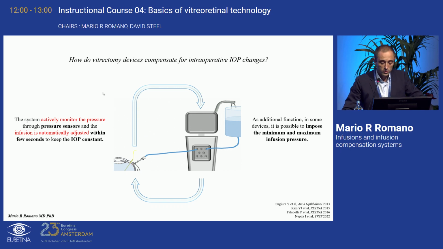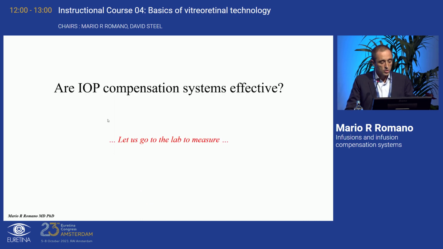It is also important to impose a minimum and maximum infusion pressure, because in order to compensate, if the pressure goes too high, we can have damage to the optic nerve because of the reduction of ocular perfusion pressure.